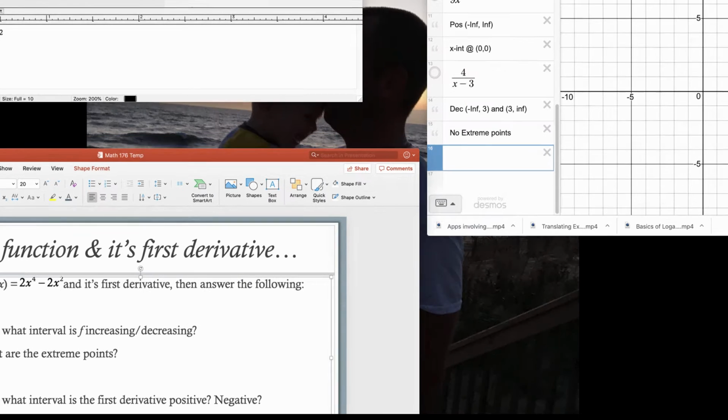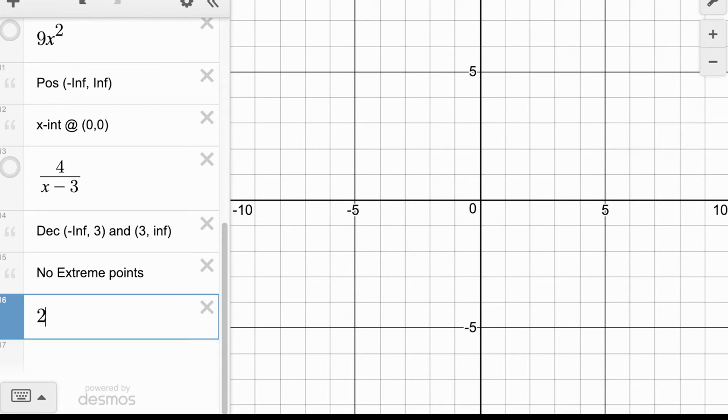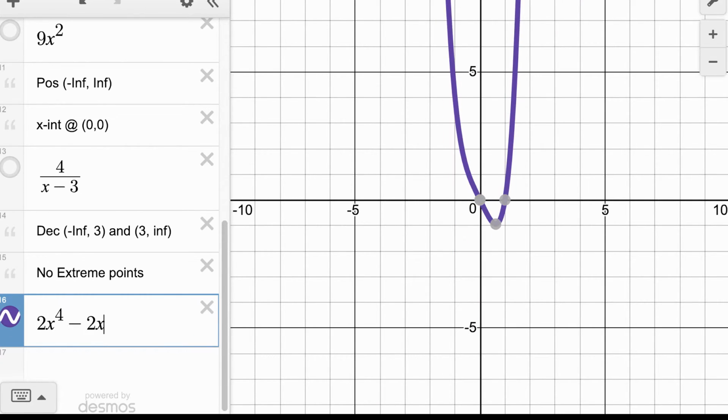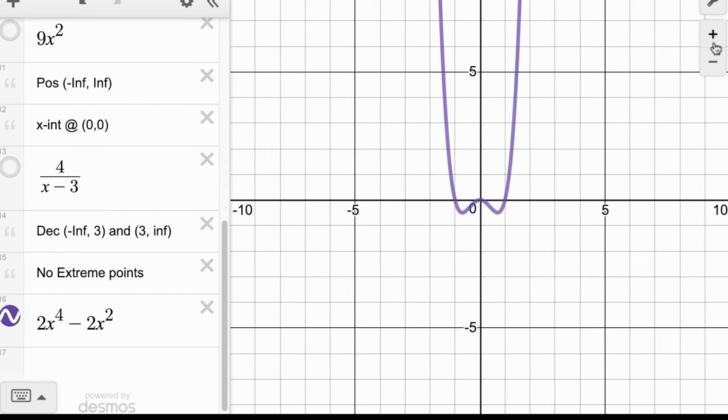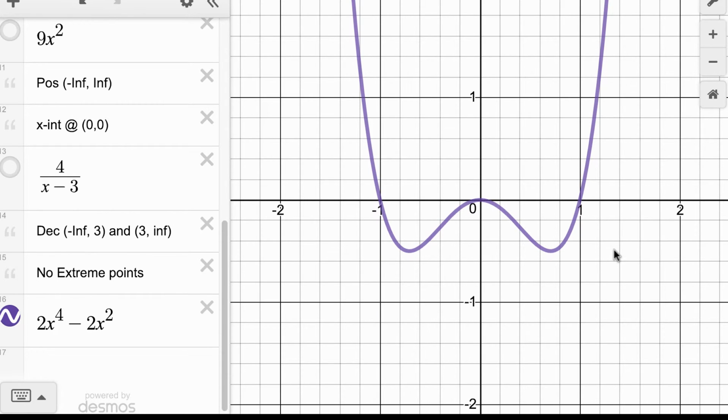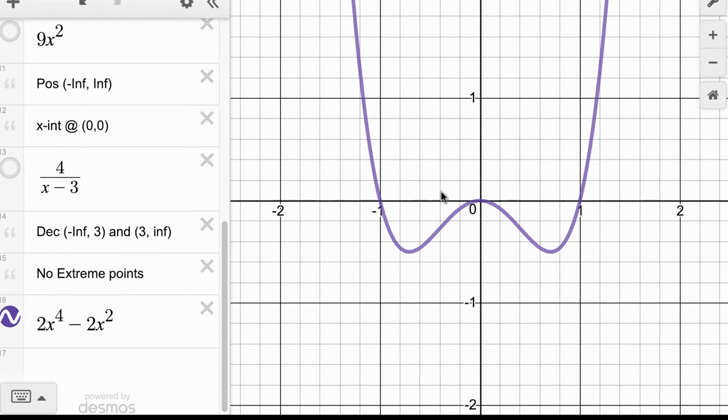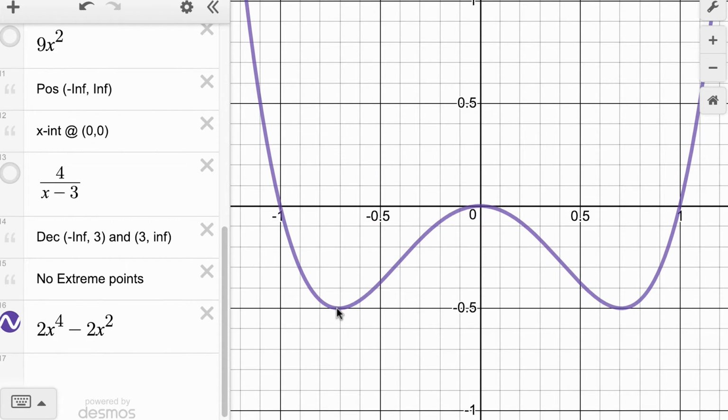Okay, in this example, we're going to look at 2x to the 4th minus 2x squared and its first derivative. All right, so we notice that we are decreasing until, and I'm just going to approximate here because to be honest, for this exploration activity, being exact isn't really necessary.